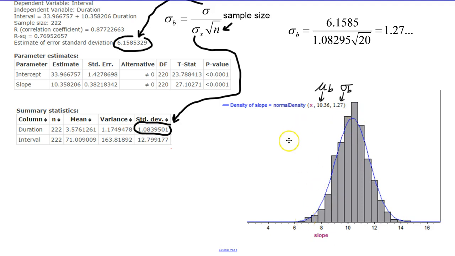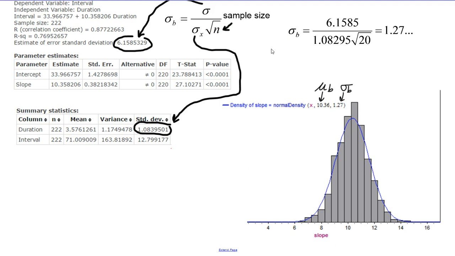So the distribution of sample slopes, like the distribution of sample proportions and the distribution of sample means, follows a model that is unimodal and symmetric with a particular standard deviation derived from the variability of the x and y variables and the sample size in this case.